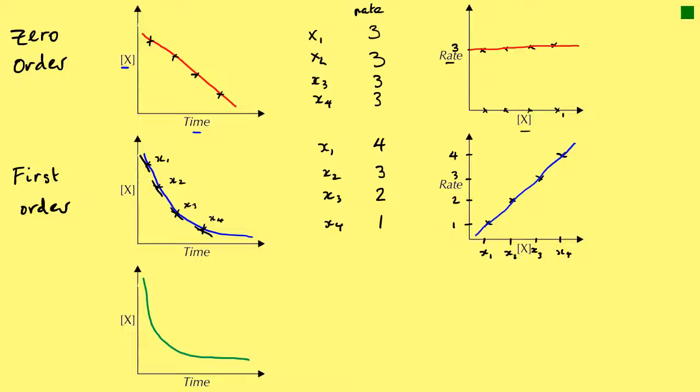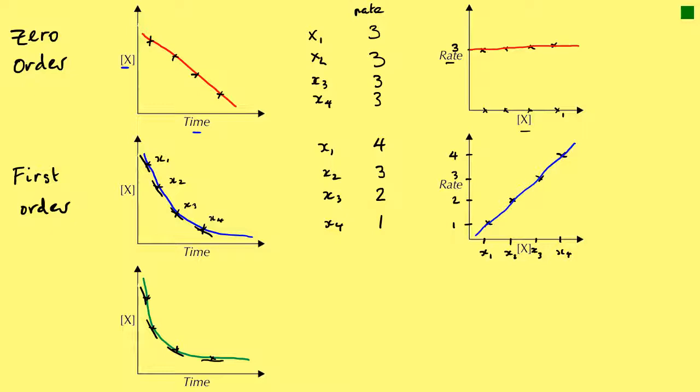So let's take this tangent, this tangent, this tangent, and this tangent. Alright, so we take our little tangents, and then plot our rates.